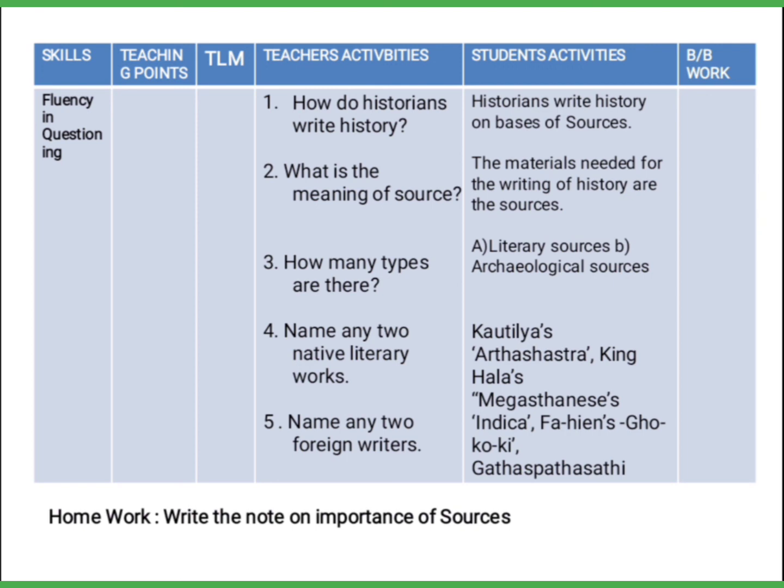Then Fahian's Fo-kuo-ki. Here Gatha Saptashati is the work of Hala, meaning it is an example of native literary works. So from what you have explained in the subject, you prepare the important questions and ask them.